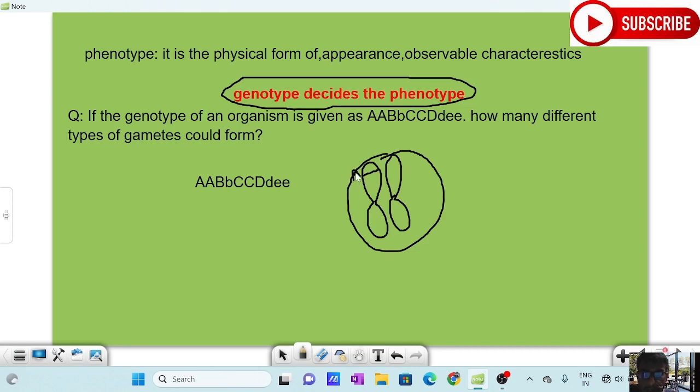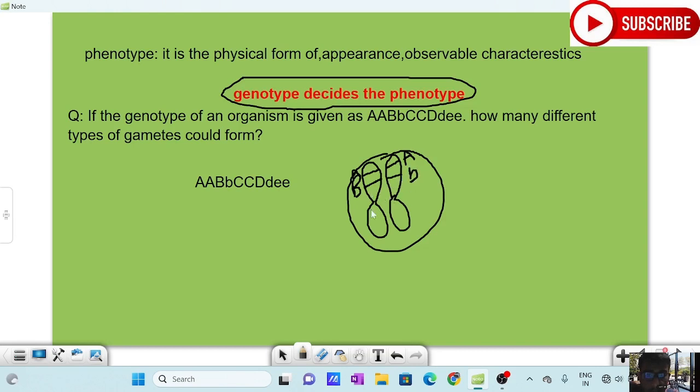According to this, the organism is having A in its homozygous form. We can't say whether it is dominant or recessive. And it is also having a B gene, which is in its heterozygous form.